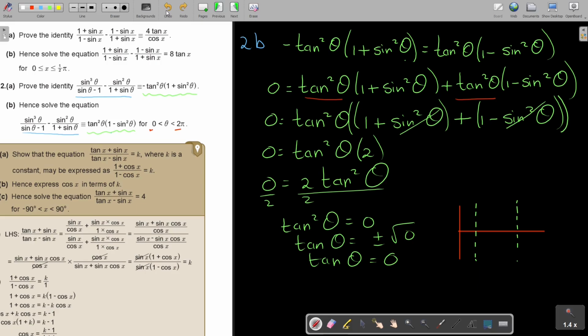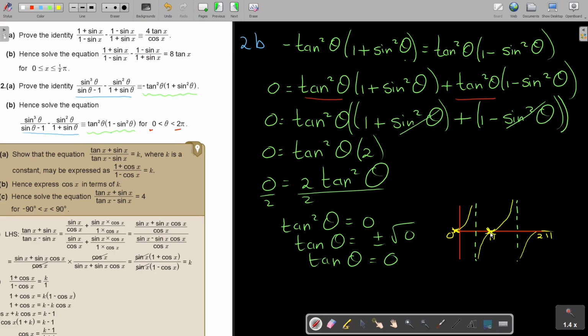And then the other one is going to be like this. So this is going to be pi, and this is going to be 2 pi, and this is going to be 0. So it's going to be there at 0, and it's going to be at pi.